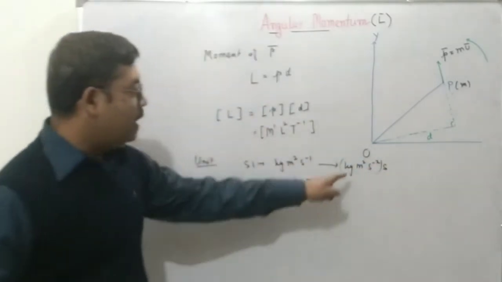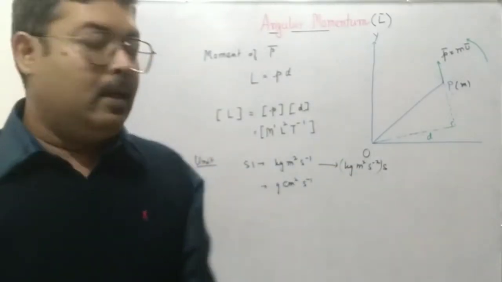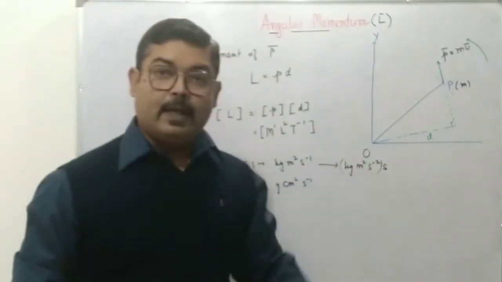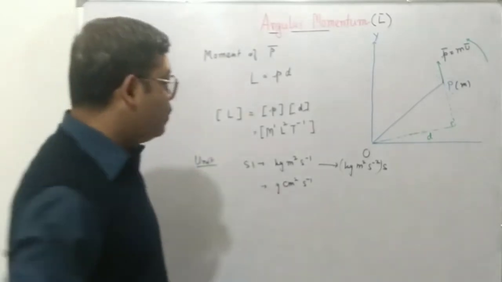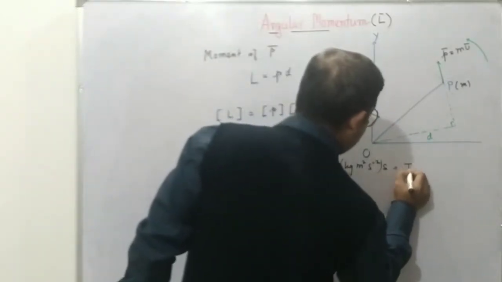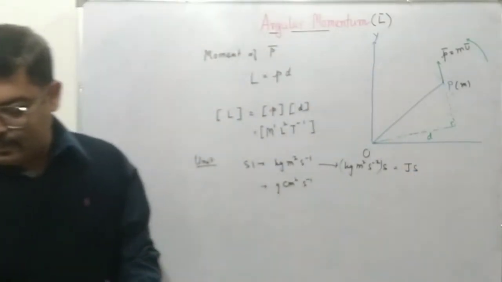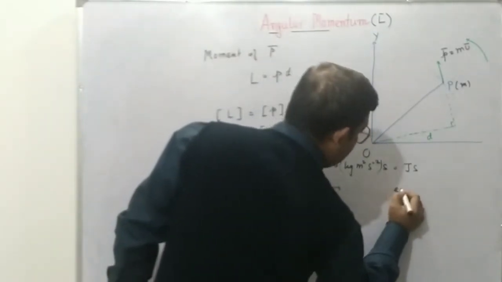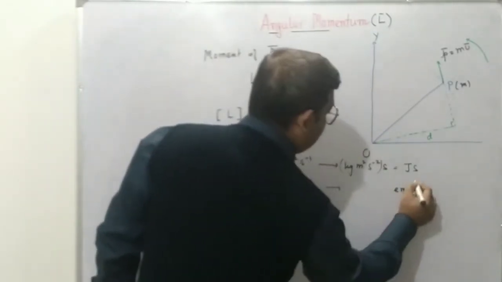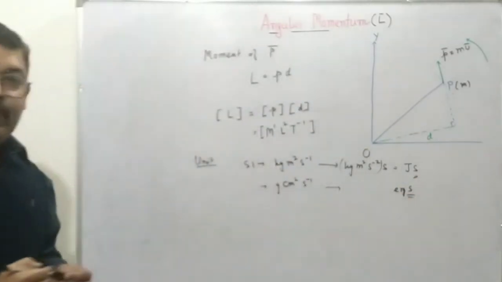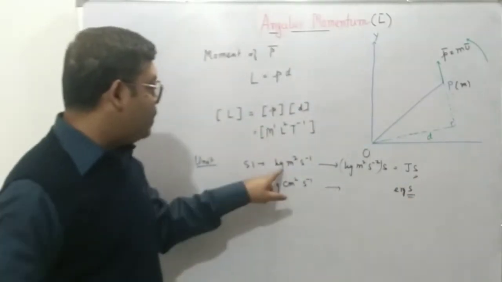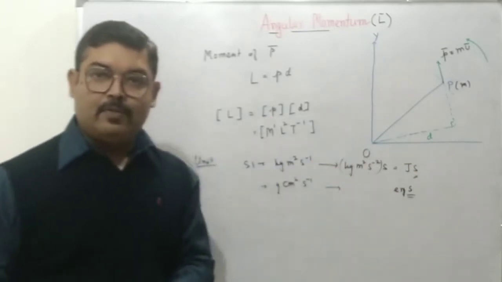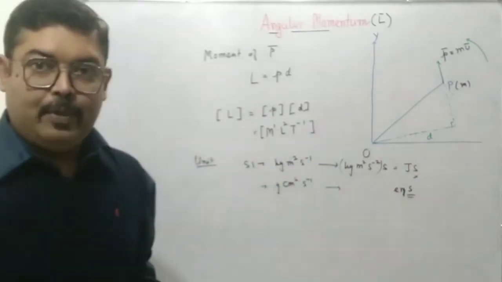Now the unit of kg meter square per second square is the unit of work or energy, so we can rewrite this as joule second. Similarly, from this we can also say it is erg second. So angular momentum is sometimes expressed in terms of kg meter square per second, sometimes in terms of joule second, both meaning the same unit.